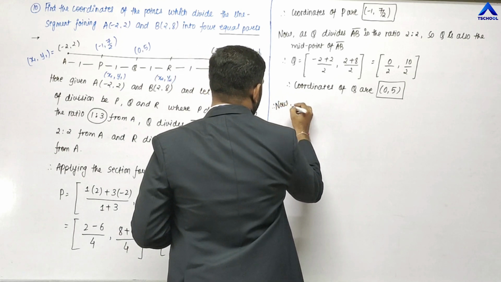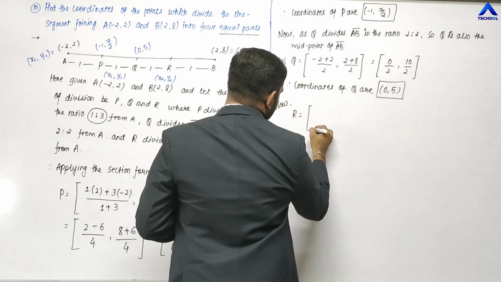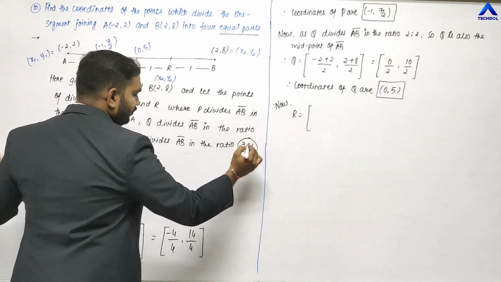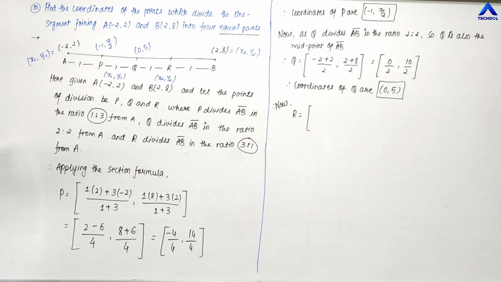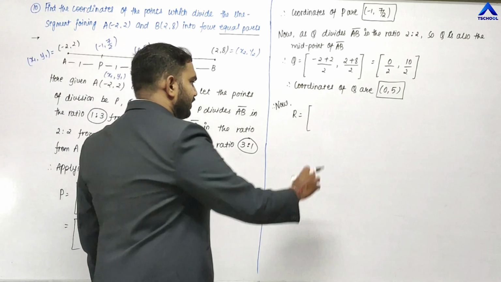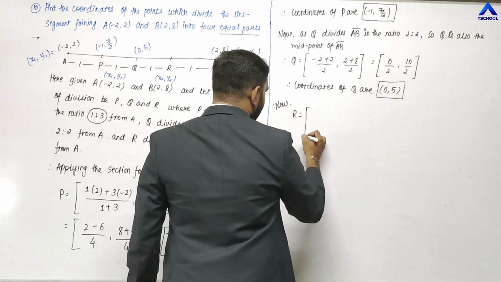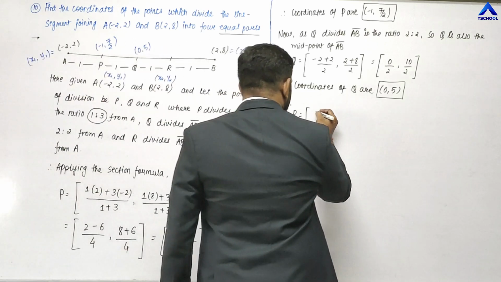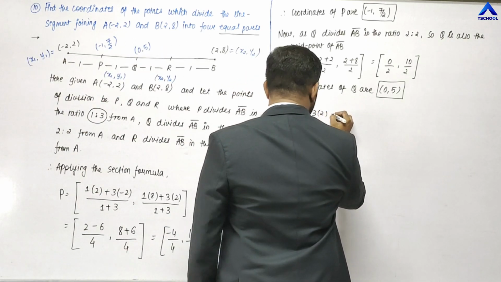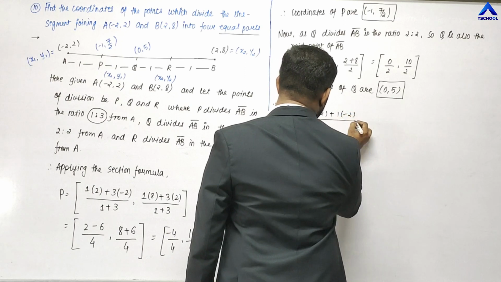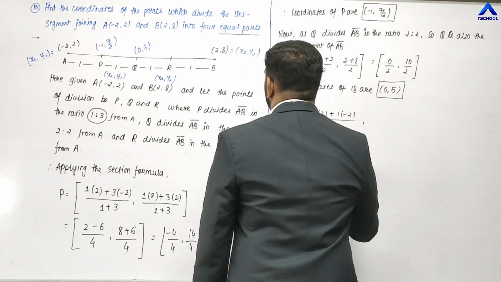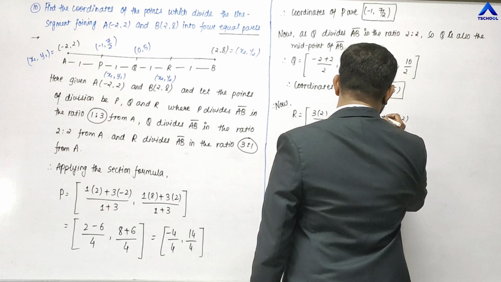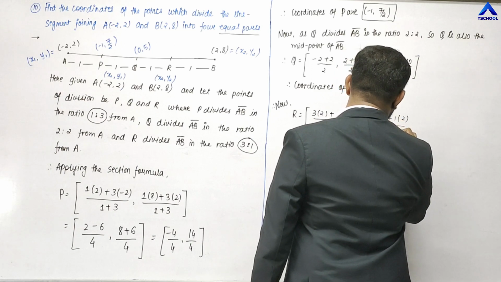Now R is equal to, again you take this 3:1 here as m1 is to m2. So m1 equals 3 and m2 equals 1 for finding out the coordinates of R. Or you can simply reverse the values of m1 and m2 here in coordinates of P. So that is (3 into 2 plus 1 into -2) upon (3 plus 1), comma (3 into 8 plus 1 into 2) upon (3 plus 1).